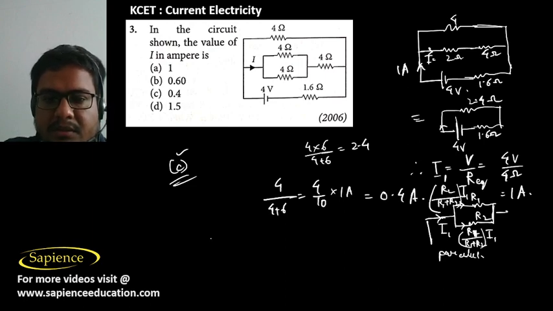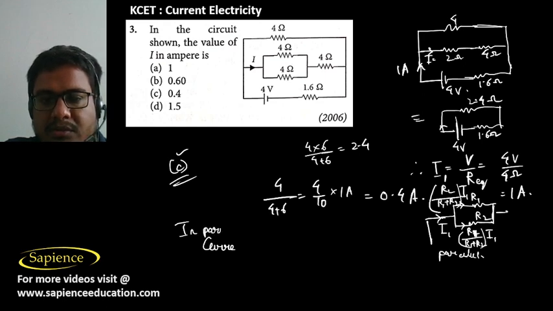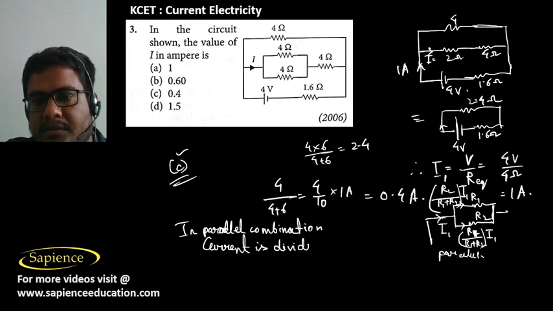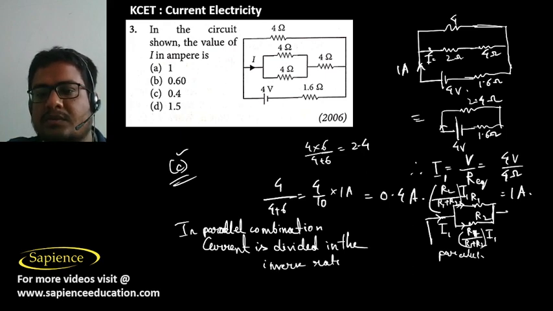So when resistors are in parallel combination, current is divided in the inverse ratio of resistances.